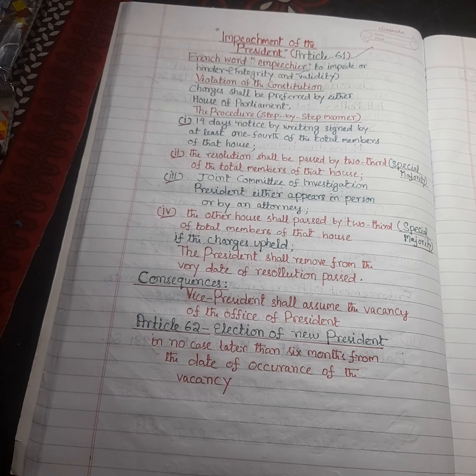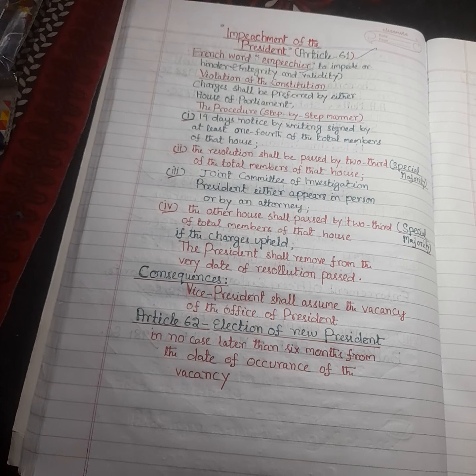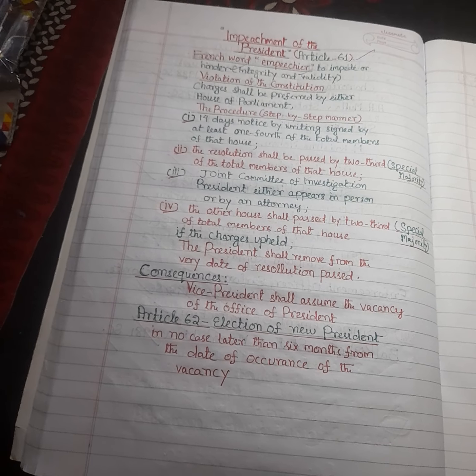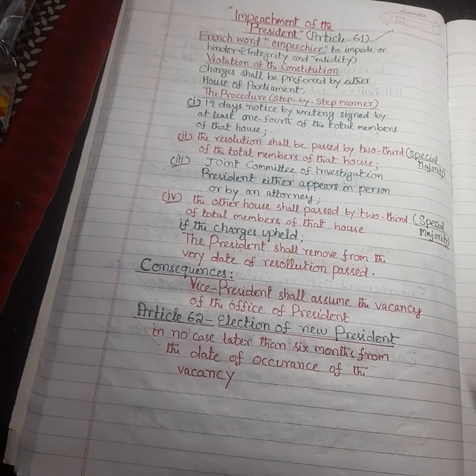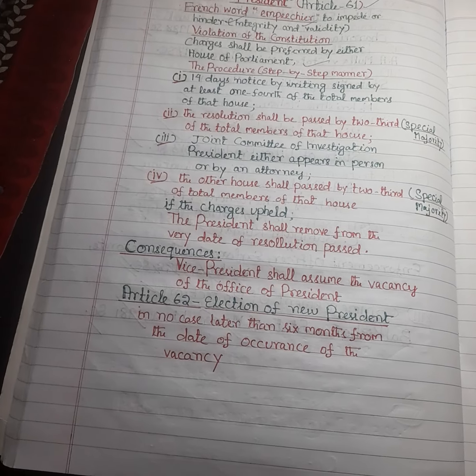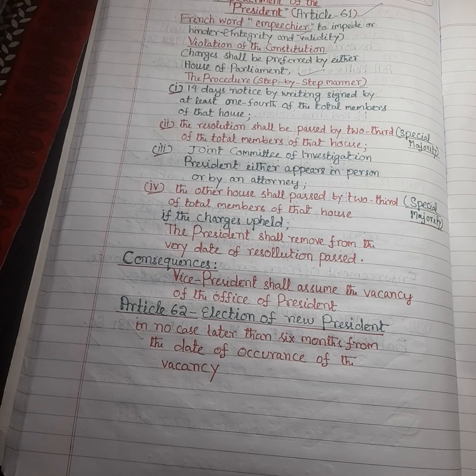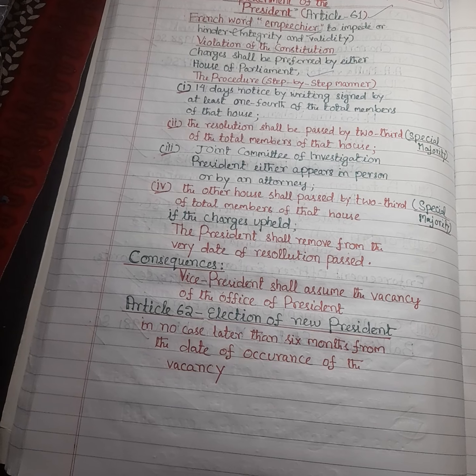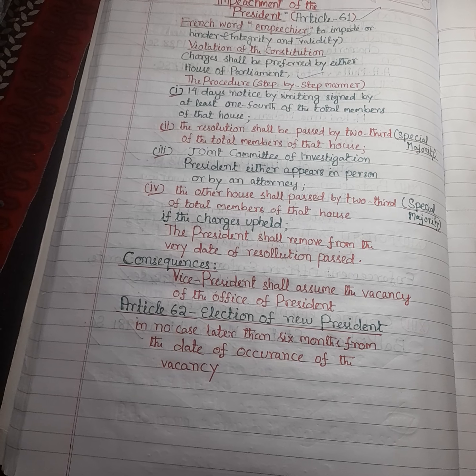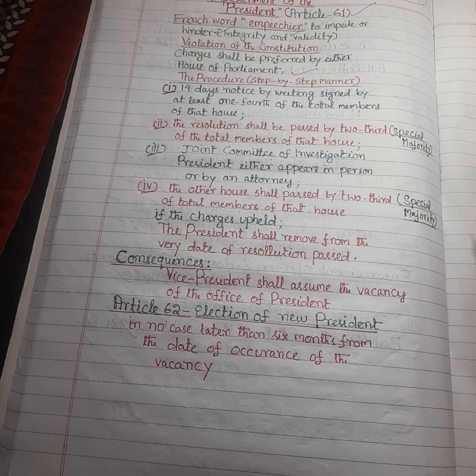And the provision as we found under Article 61 is that any charge against the President to remove him from his office shall be preferred by either House of the Parliament. That means that the charge could be framed by either the House of the People or the Lok Sabha, or by the Council of State, the Rajya Sabha.